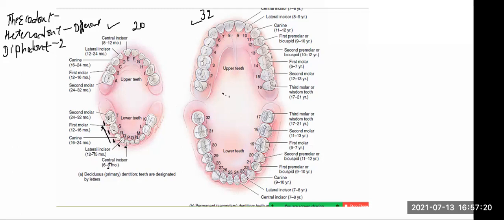And these molars, the first molar and the second molar, are broad, strong teeth which are used to crush the food. You might have noticed when you eat, you tear or cut into the food with the help of your front teeth.